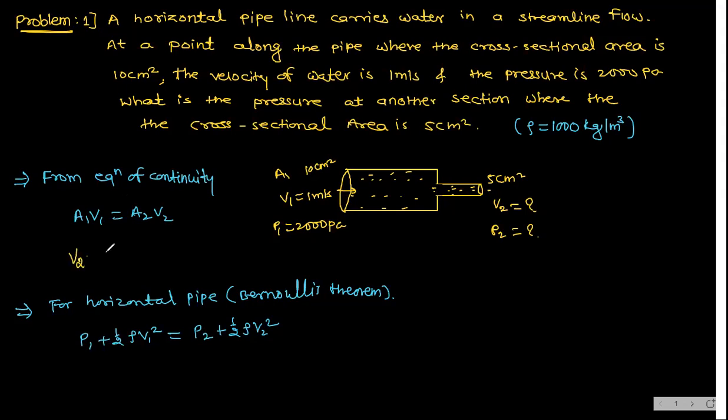This V2 is equal to 2 meter per second and P2 is equal to 500 Pascal. Check yourself. Okay.